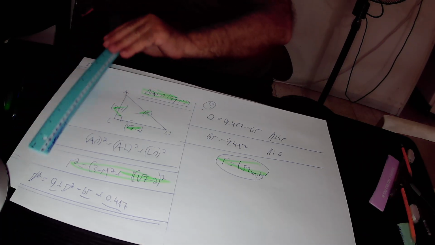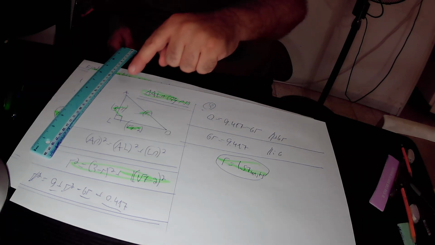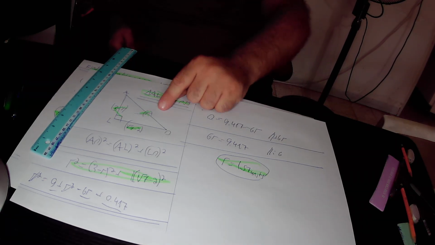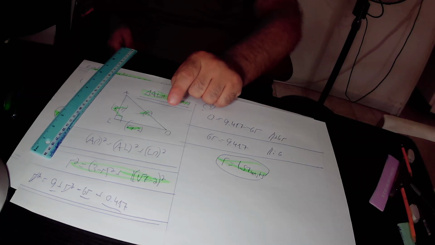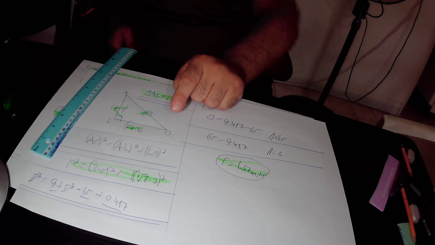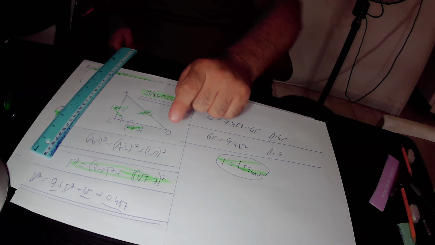In this triangle ALO, AO squared, the square of the hypotenuse, equals AL squared plus LO squared. AO is R, therefore AO squared is R squared. AL is 3 minus R, therefore AL squared is (3 minus R) squared, plus LO squared. LO is square root of 7 minus 2, therefore LO squared is (square root of 7 minus 2) squared.